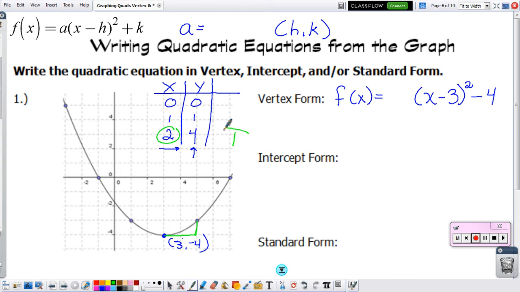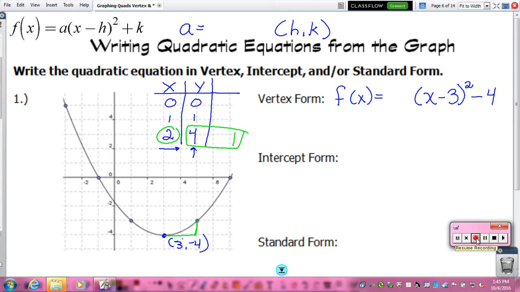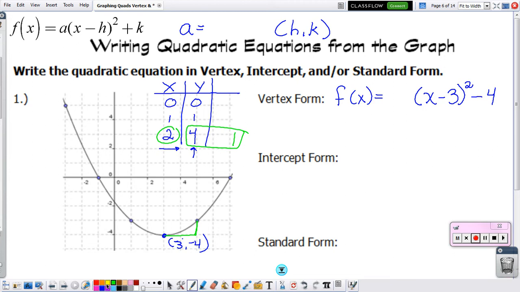So how do we get, this is where our a value comes from. So we know this is what we want a to be, so we're going to solve this equation. Remember, we did 4 times a to get this 1.